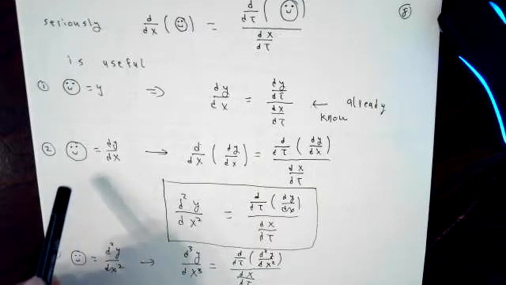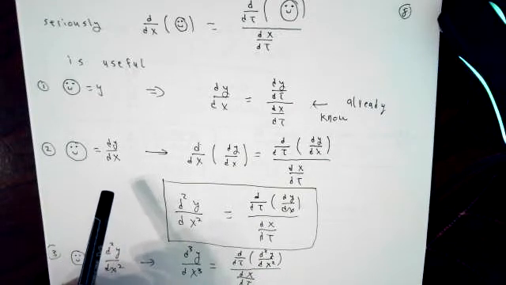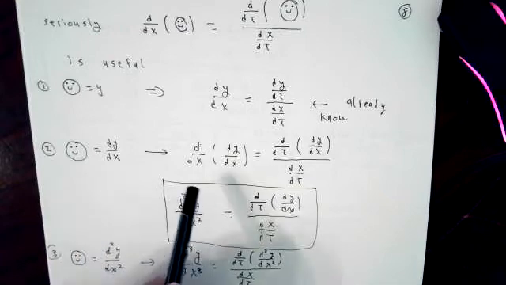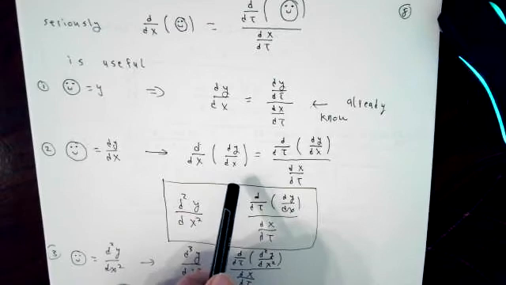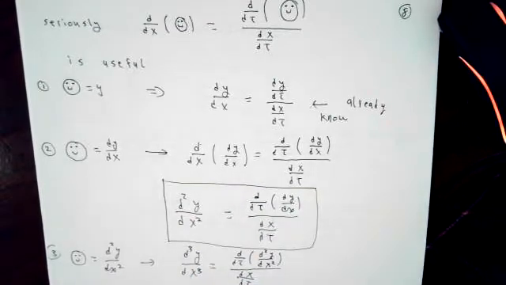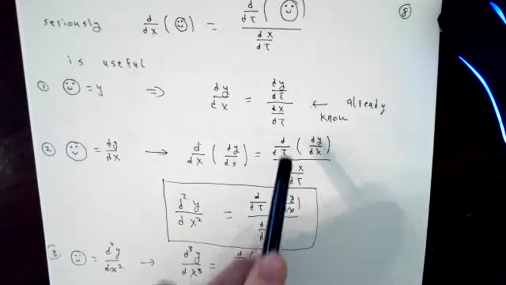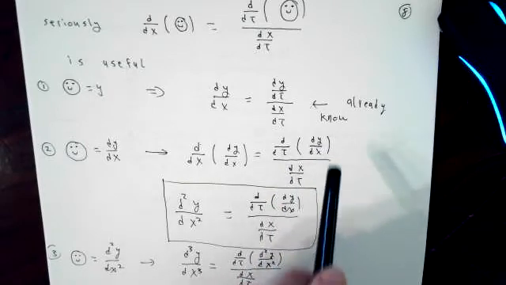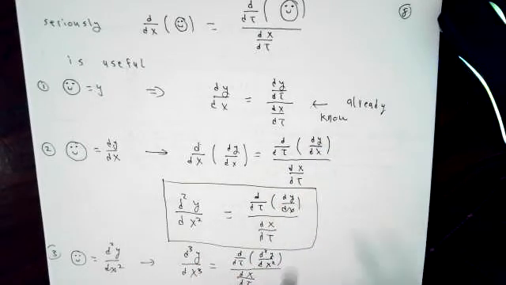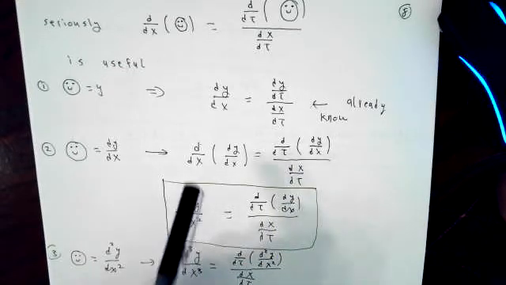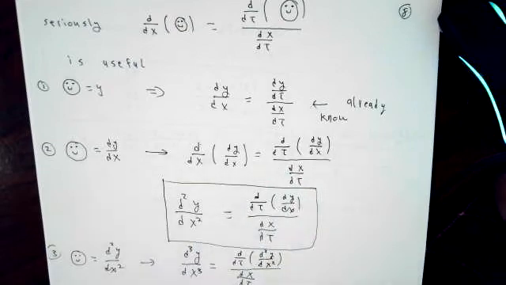What if I make the smiley face equal to dy/dx? Then I'm calculating the derivative with respect to x of dy/dx, which according to the smiley face formula ought to be the derivative with respect to t of dy/dx divided by dx/dt. The derivative of y with respect to x both times is the second derivative of y with respect to x.